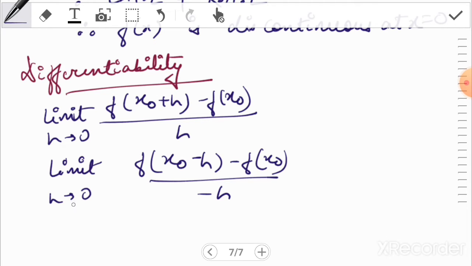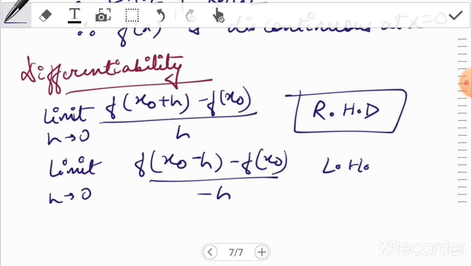Where h is greater than 0, this is right hand differentiability, and this is left hand differentiability.